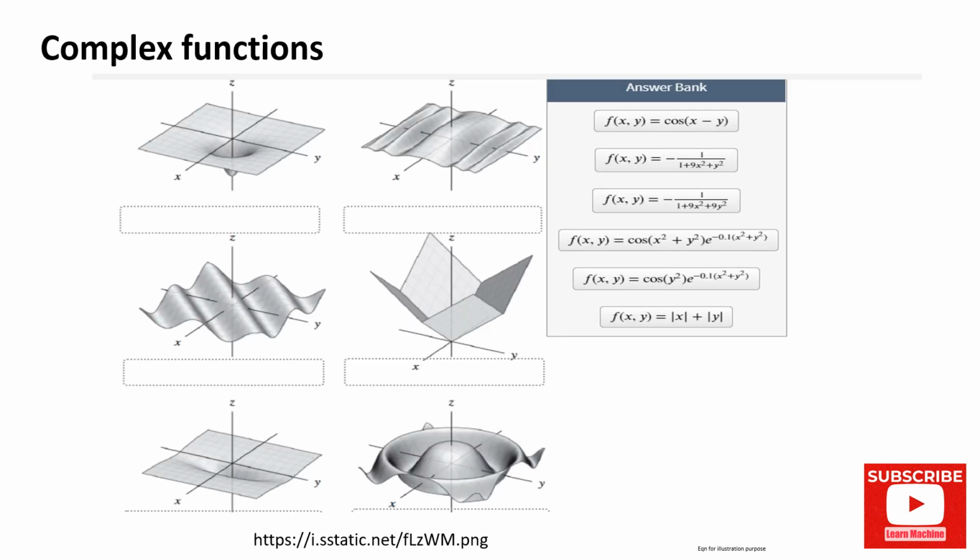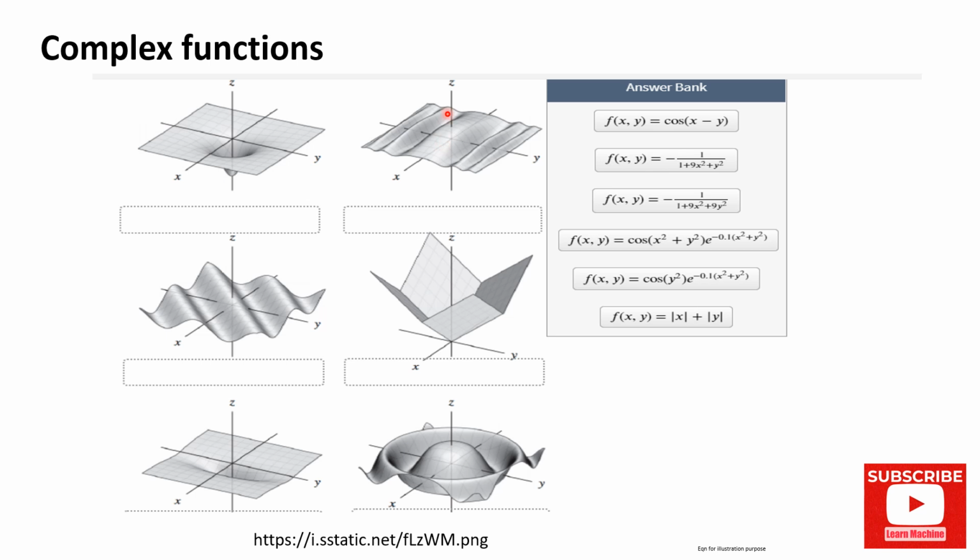Now there are other functions as well, or other relationships, which are complex relations or complex functions. For example, if you see, now they are in three domains: x-axis, y-axis, and z-axis. So in short, there are three variables. Out of three variables, we can find that f depends on x and y. So it means that x and y are independent variables, but z is a dependent variable.